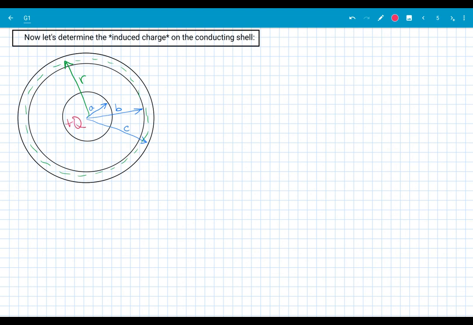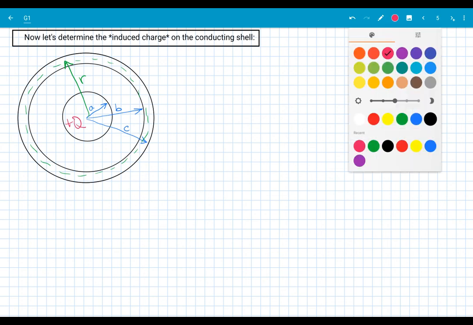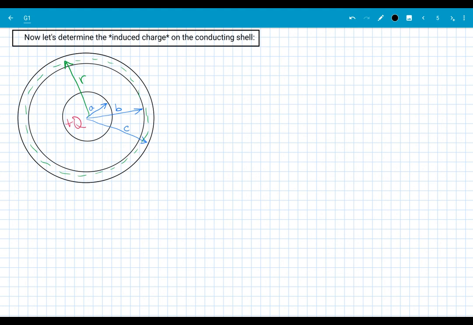All right, so to run through this and find the induced charge, I have to use some logic. The first thing I can say is that the electric field where I've put my Gaussian surface is equal to 0, and that's by the charged isolated conductor theorem.